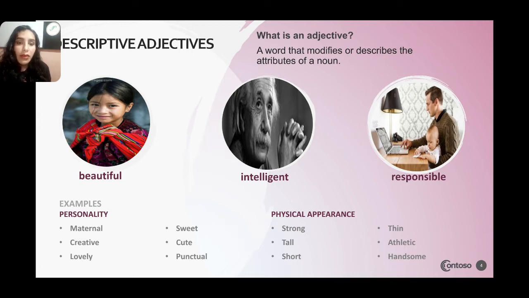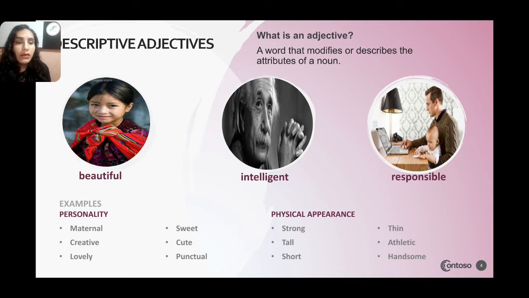Then you have there more examples related to personality, such as maternal, creative, lovely, sweet, cute, and punctual. And then you have more examples of adjectives related to physical appearance. You have there strong, tall, short, thin, athletic, and handsome.